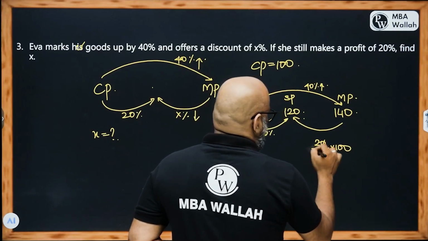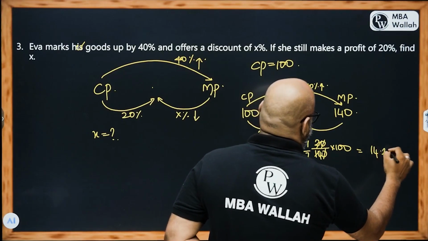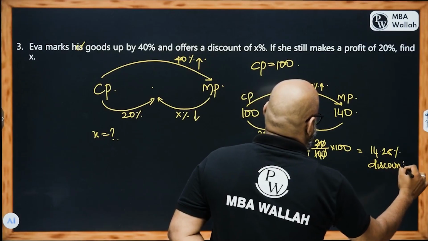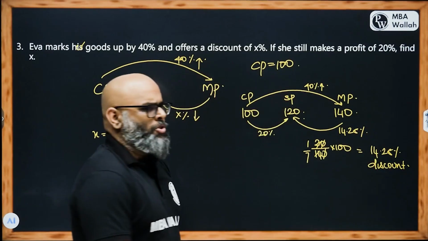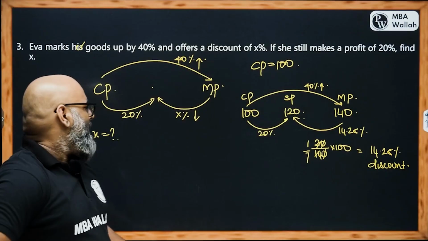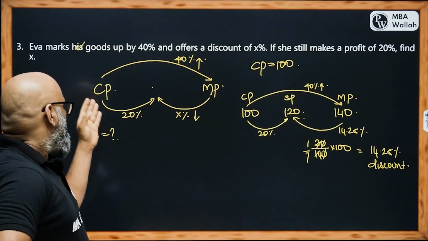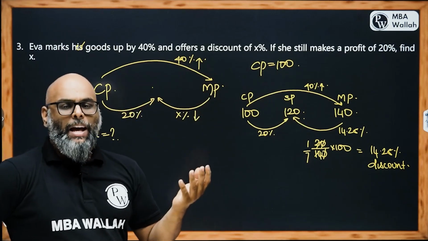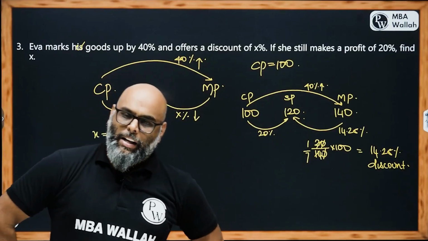So 0, 0 cancel. 1/7, which is 14.28% discount has to be given. Or straight away use variable x: 1.4x to 1.2x. From 1.4x to 1.2x, what will it be? Instead of using variables, I plugged in a value that will make it a little easy for you.